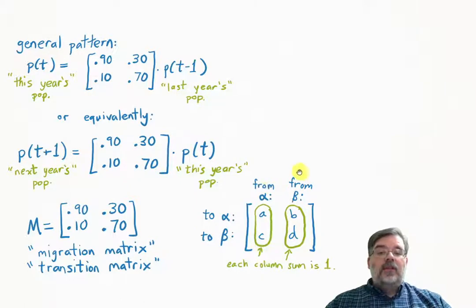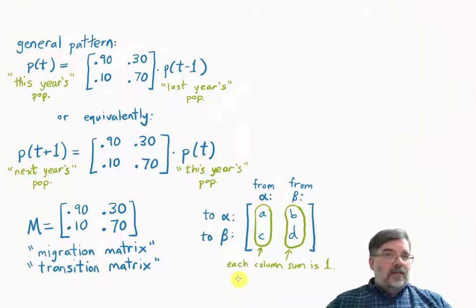The columns, you can think of as the percentages leaving from each one of these areas. So these numbers A and C, the 90 and the 10, those were the percentages leaving area alpha. And the second column, 30 and 70, those were the percentages leaving area beta.